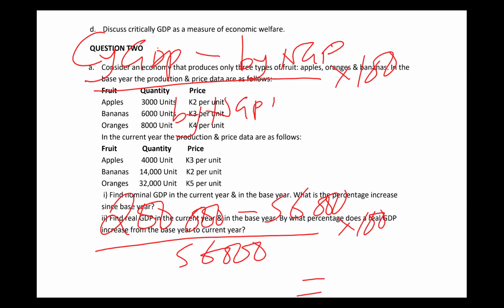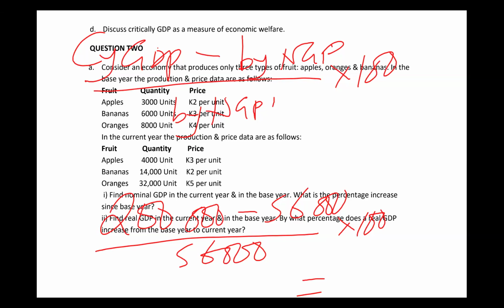So 200,000 minus 56,000, what is it that we find? 144,000, right?